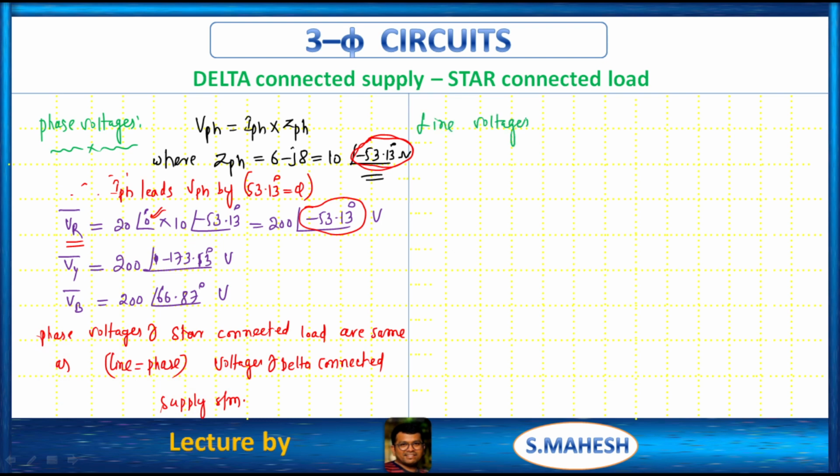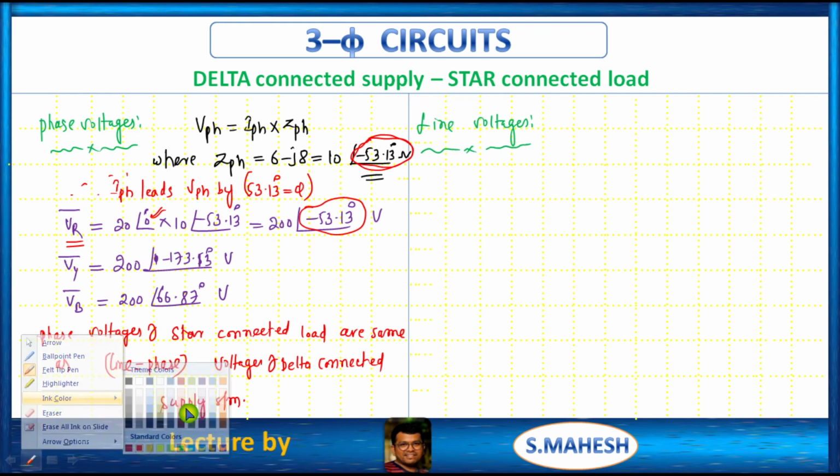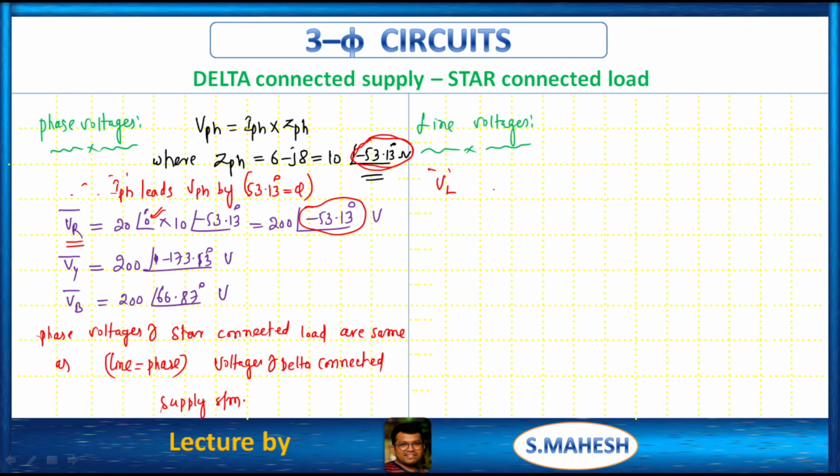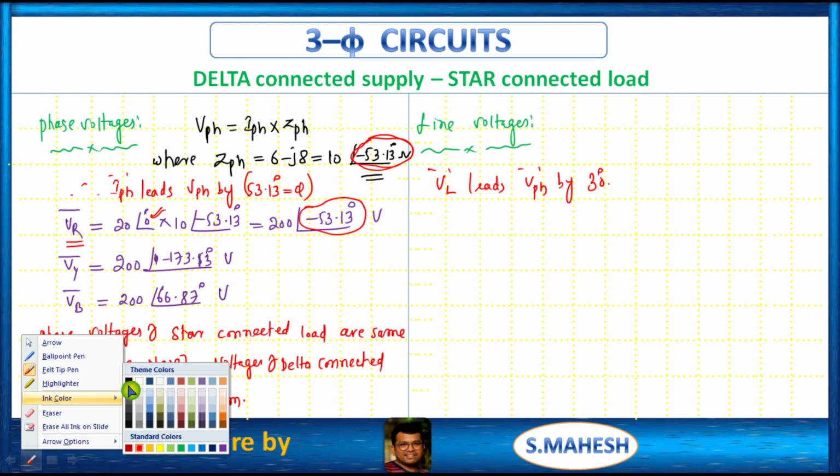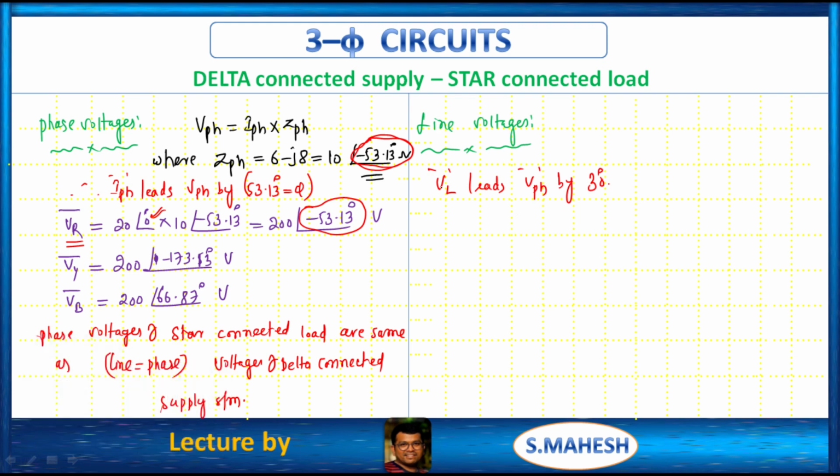Line voltages, that is, we know that VL leads V phase by how many angles? 30 degrees. Therefore line voltage between R and Y, which is nothing but VRY, is root 3 times VR at an angle plus 30.